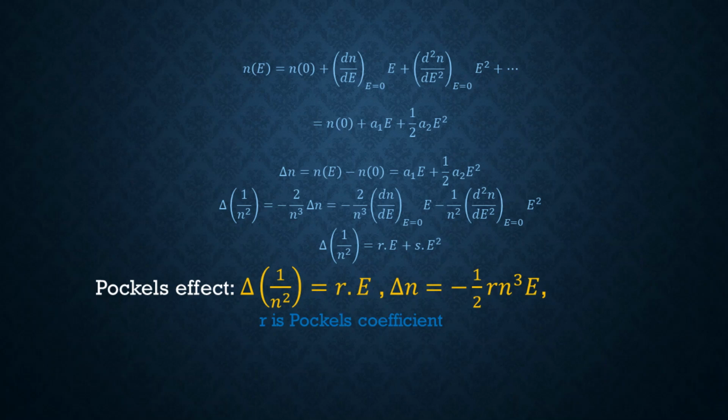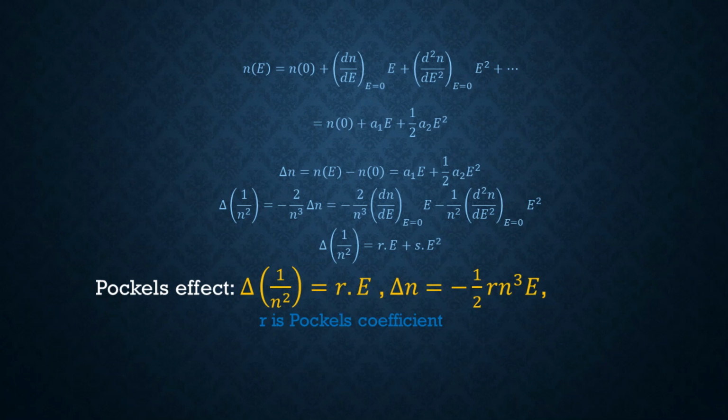Now, what is a centrosymmetric crystal? Crystals which exhibit inversion symmetry have the r_ij coefficients identically 0, and for inversion symmetry, the directions x, y, z and minus x, minus y, minus z are indistinguishable, and applied fields E and minus E must induce the same electro-optic response.